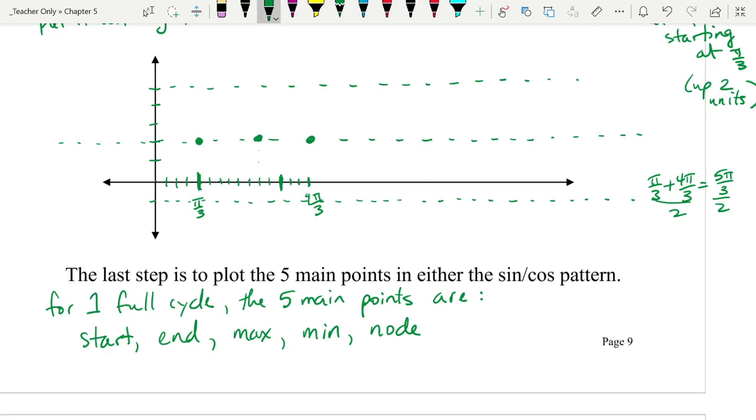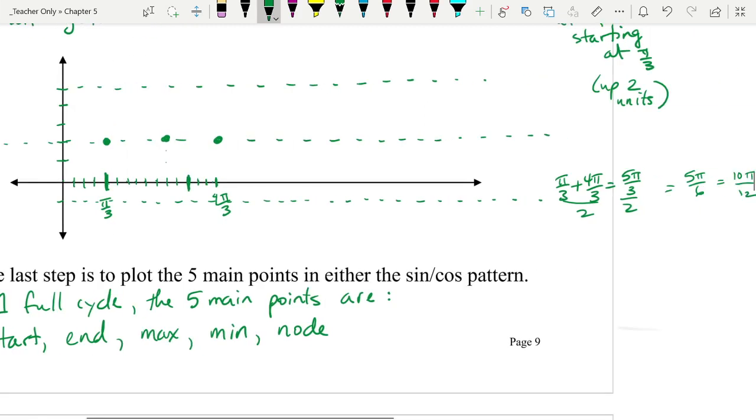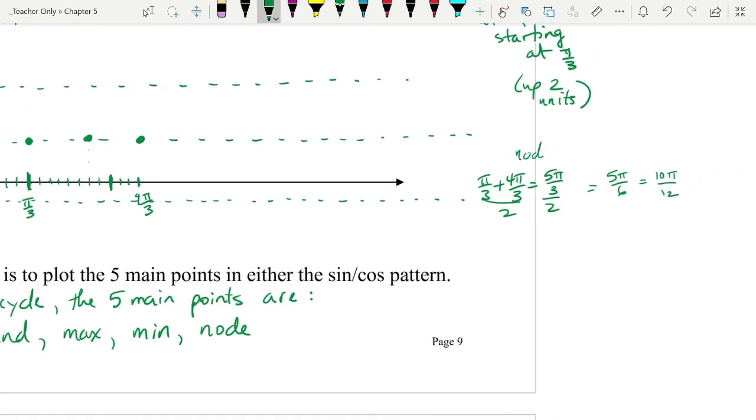Where should the maximum be? Well, normally, so this is my node calculation. Normally, where is the first maximum on a sine graph? It hits 1 when it's pi by 2, right? But I have moved over pi by 3.